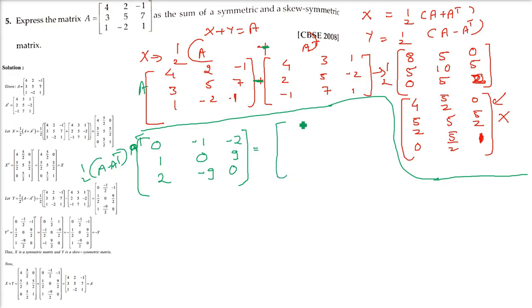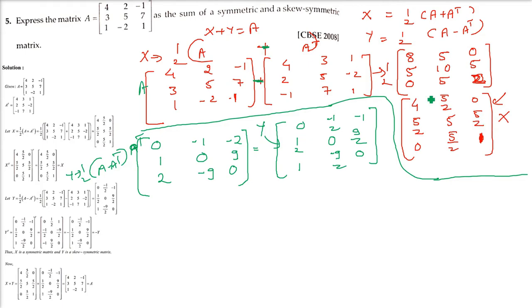It will be 0, 1 by 2, minus 1 by 2, minus 2 by 2 is negative 1. This is 1 by 2, 0, this will remain as 0. This is 9 by 2. 2 by 2 is 1, minus 9 by 2. And 0 by 2 is 0. Okay, so this whole is your Y. I hope you got that. This is X, this is Y.